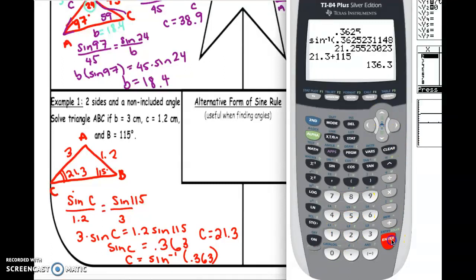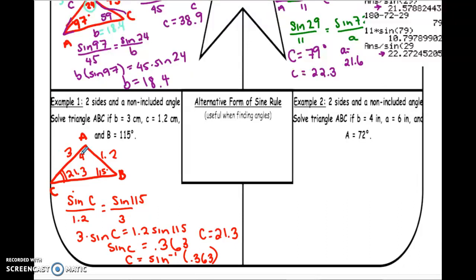And we've got what our third angle is, which is 43.7. And last but not least, we could take sine of 43.7 over A and set that equal to sine of 115 over 3. So you guys can go ahead and finish that up and find A.